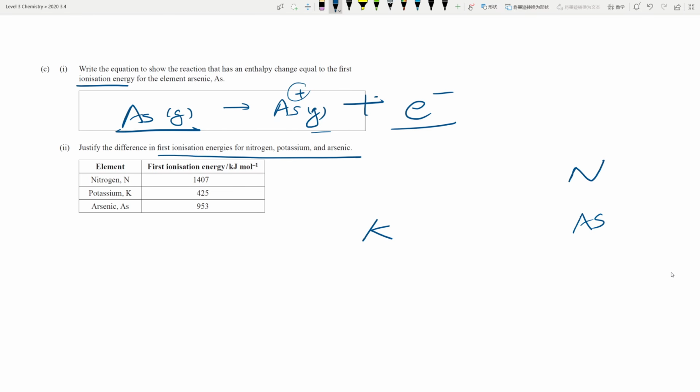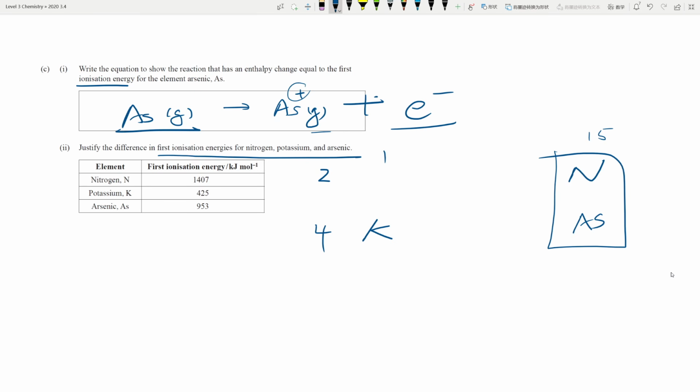This is group 1, this is group 15, this is period 2, this is period 4. There's something in between, doesn't matter. You can see N and As are in the same group.